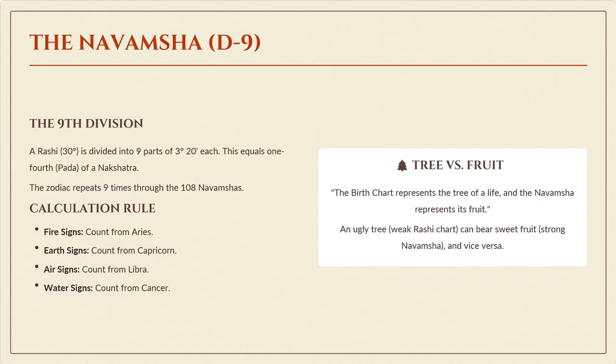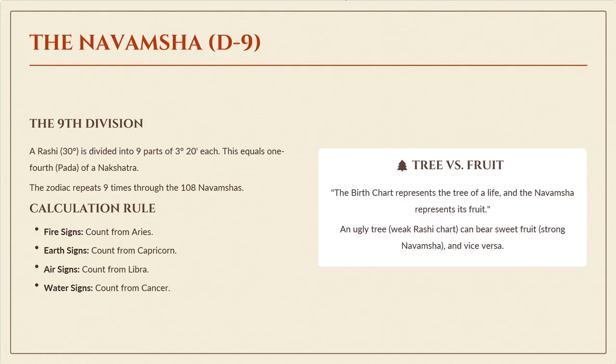So what is the purpose of getting into such detail? One ascendant takes one Rashi. There are 12 Rashis in total, and in 24 hours all 12 Rashis cross the eastern horizon.